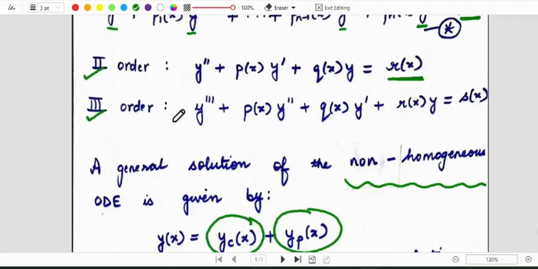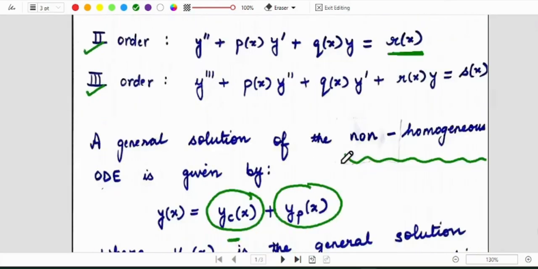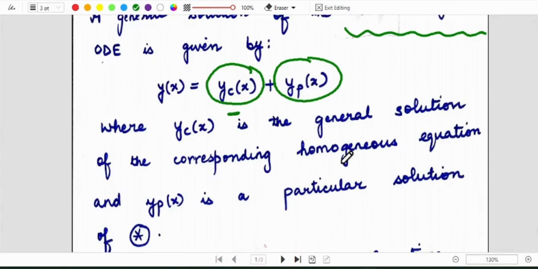So what you have to do is start with the given non-homogeneous equation and then consider the associated homogeneous equation. That means you consider the right hand side as 0, and you will get a linear homogeneous differential equation which we know how to solve. Just solve it using your knowledge of the previous videos.